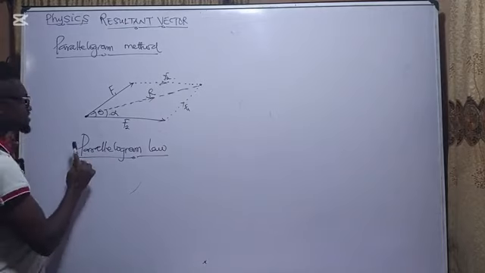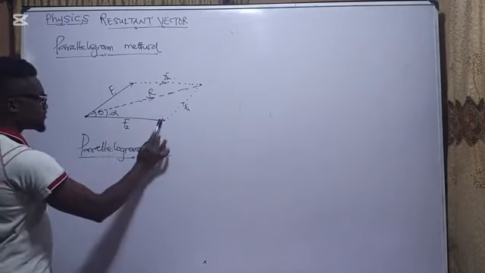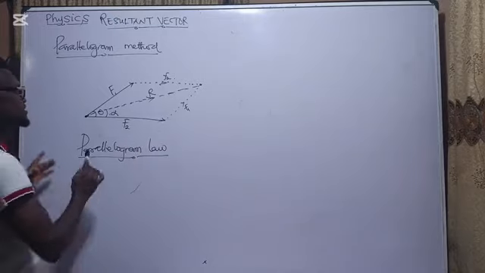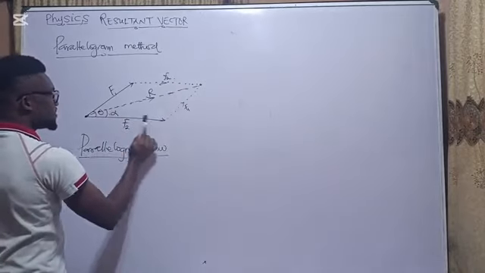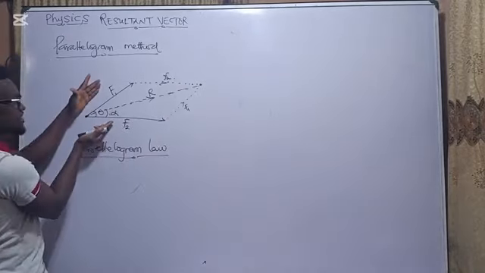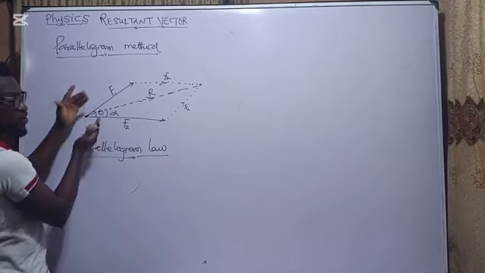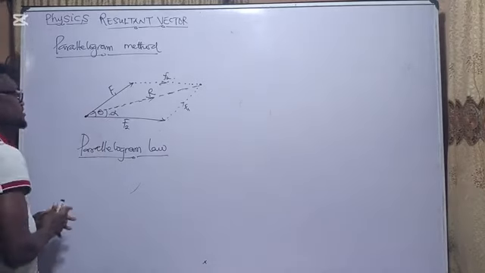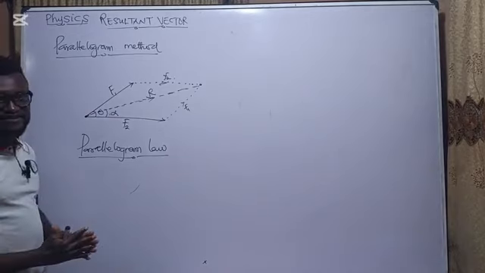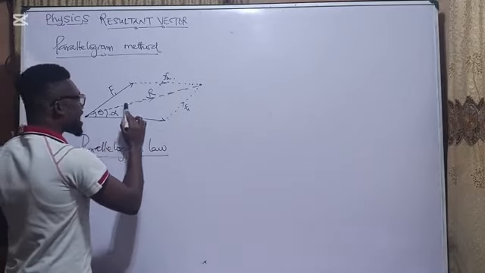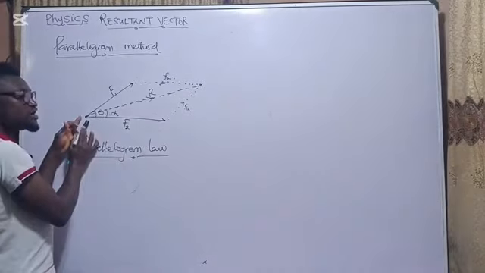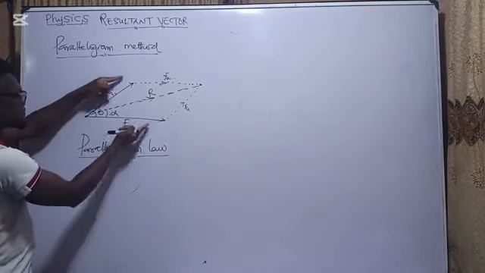So in this case, we have two vectors. Now we represent these two vectors by adjacent sides of a parallelogram. Okay? Now, in order to get the resultant, we draw a diagonal line from the point of action of the two forces.